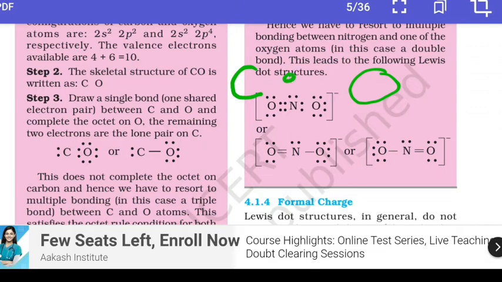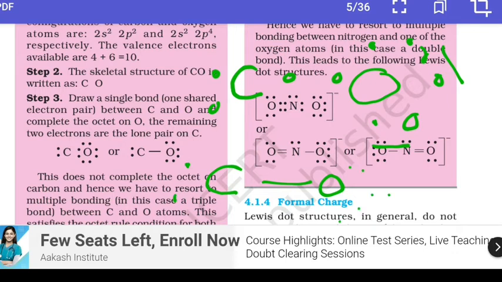So 1 electron here, 2 electrons. This carbon, 2 electrons, 3, 4, 5, 6. So 2, 3, 4, 5, 6, then 7, 8 and 2 electrons more, 10. So there will be 10 electrons, and bonds like this: carbon, single bond, oxygen, 2 electrons are here, and 1, 2, 3, 4, 5, 6 electrons are there.